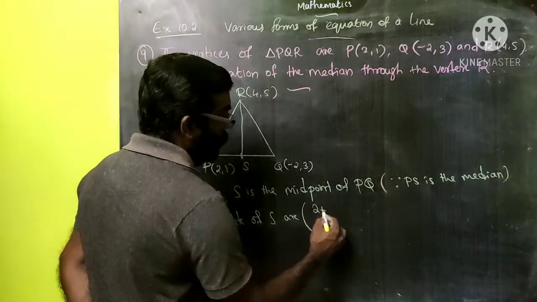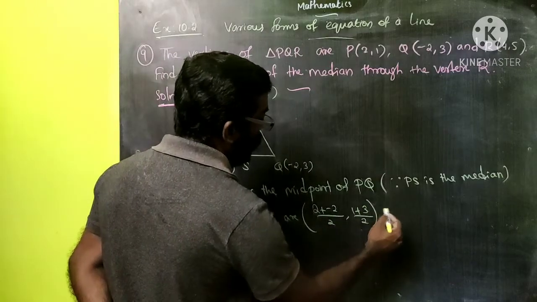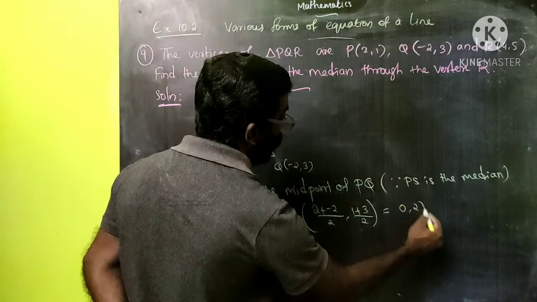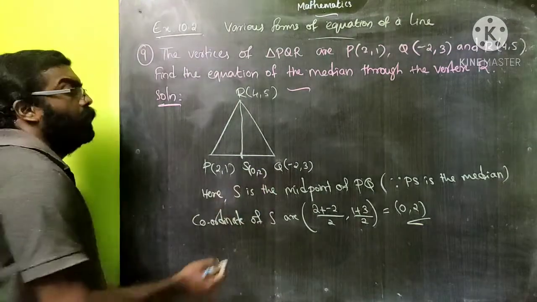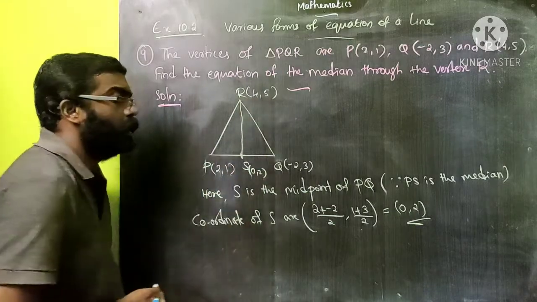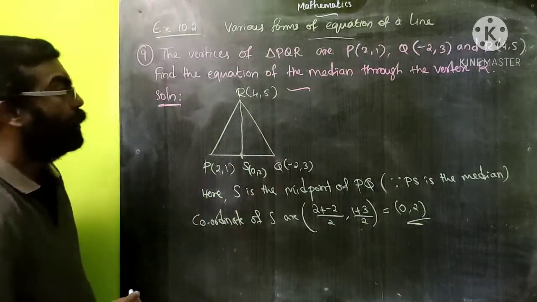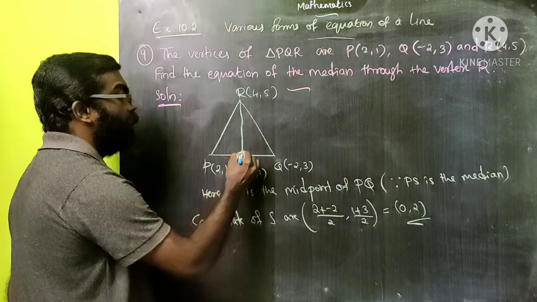So here 2 plus minus 2 by 2, 1 plus 3 by 2, which is equal to 0, 2. Okay. Now we know the 2 points R and S. R is 4, 5 and S is 0, 2, and we can easily find the equation of the line RS.